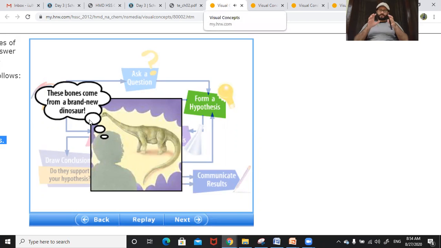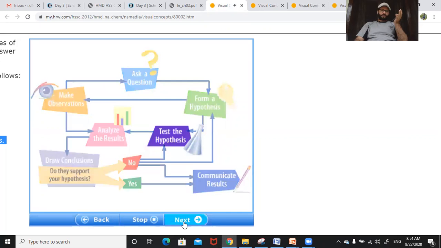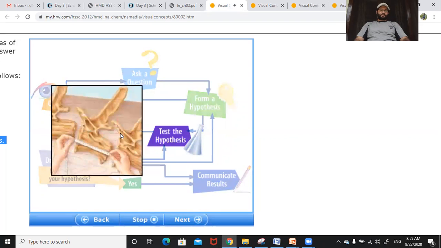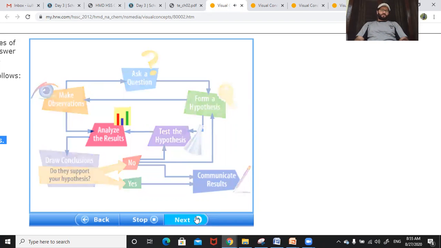Now, this hypothesis might be right or it might be wrong. So we will move toward the next step in the scientific method, which is the experiment. We will test the hypothesis. We will take different experimental methods, go through them, and then get our result.